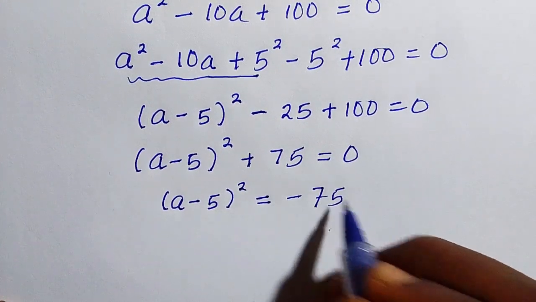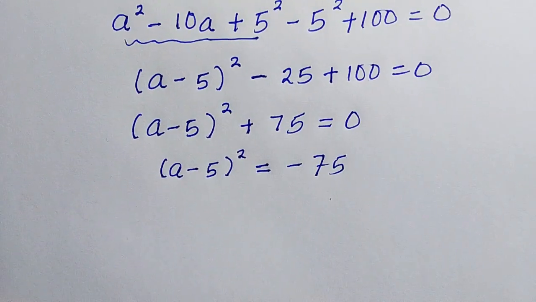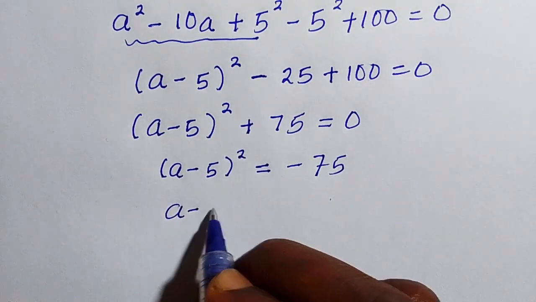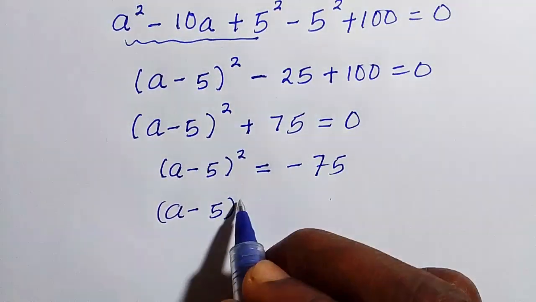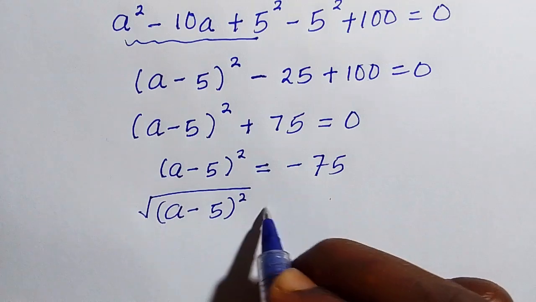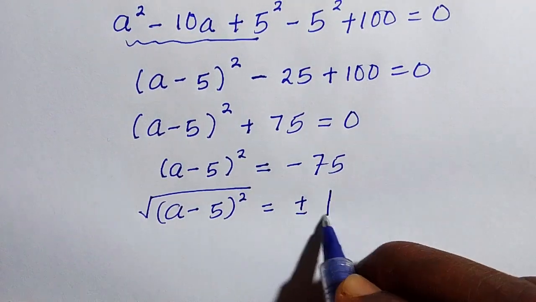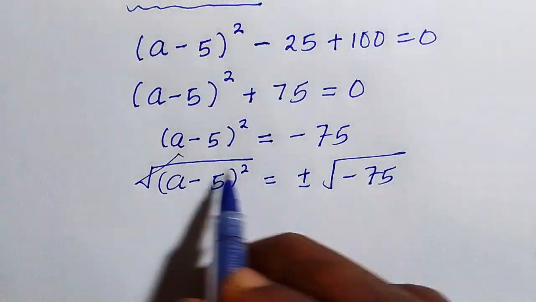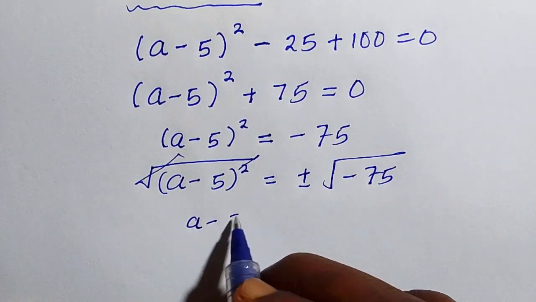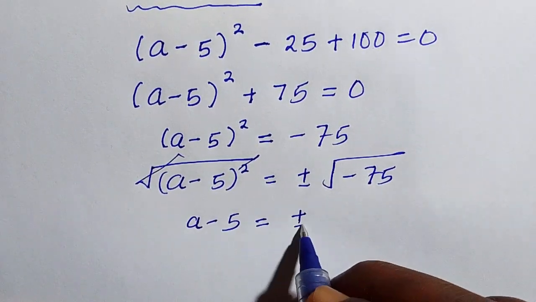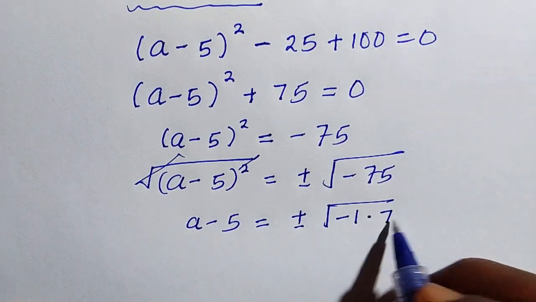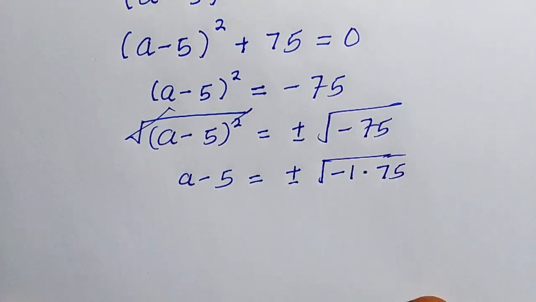Then the next step is we take the square root of both sides to get rid of the square, as we have a - 5 = plus or minus the square root of -75. We consider this as the square root of -1 multiplied by 75. Good.